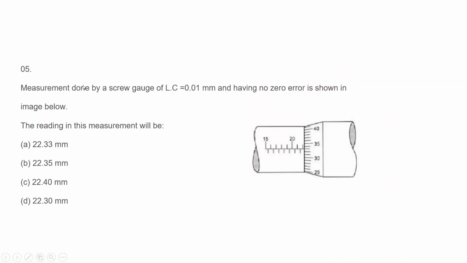Next question is, measurement done by a screw gauge of least count 0.01 millimeter and having no zero error is shown in the image below. The reading in this measurement will be. Okay, so again here we need to consider the total reading. In vernier caliper we call it main scale and vernier scale respectively.